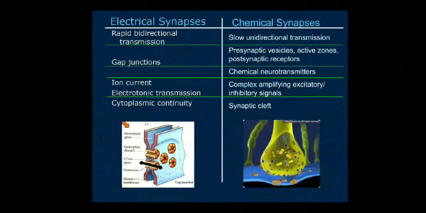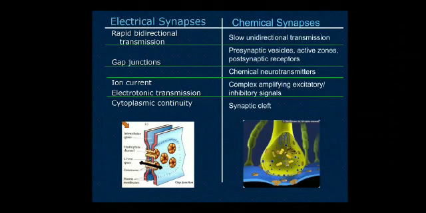So this is the diagram showing the differences between the electrical synapses and the chemical synapses. Rapid bidirectional transmission occurs in electrical synapses. In the chemical synapse, it will be unidirectional. This is because of gap junctions in the electrical synapse, and this is because of the presynaptic and postsynaptic neurons, and there will be involvement of chemical transmitters in the chemical synapse.